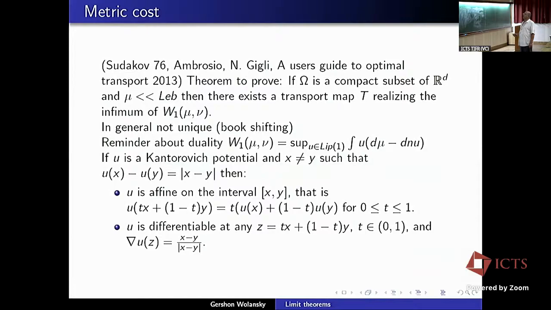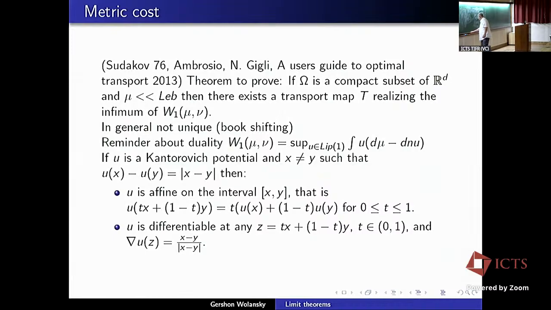The theorem that needs to be proven is that if omega is a compact subset in R^d, and mu is absolutely continuous with respect to Lebesgue, then there exists a transport map T which realizes the infimum of the Wasserstein 1 distance. And in general it's not unique, like I mentioned before, the book shifting.